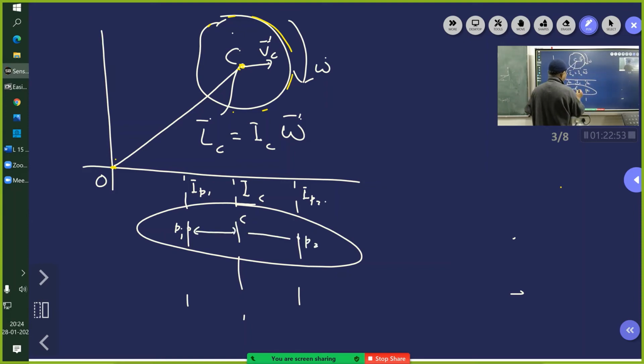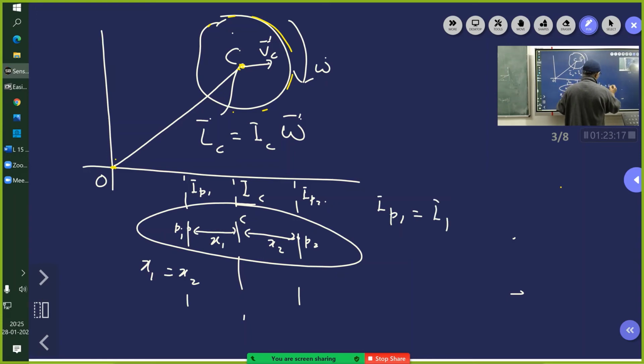Since this distance x1 and this distance x2 are equal, if x1 is equal to x2, then IP1 equals IP2. Under this circumstance, if I give you a body like this, IP1 will be equal to IP2. Correct?